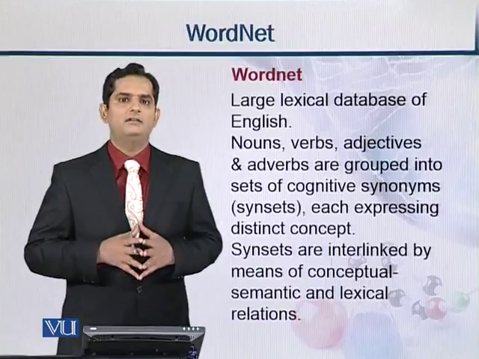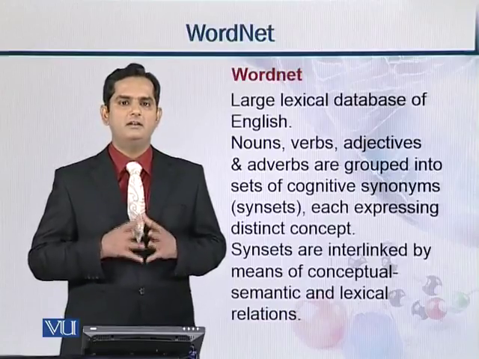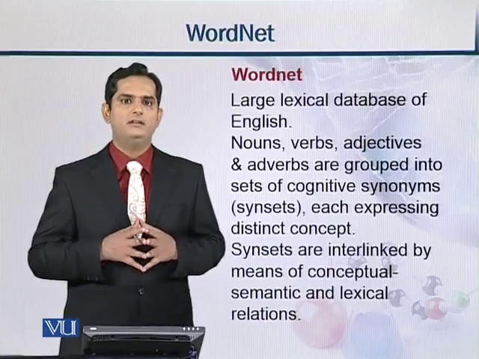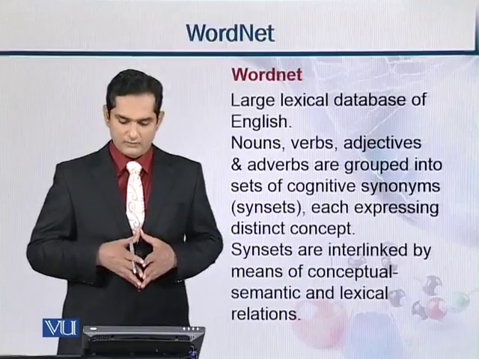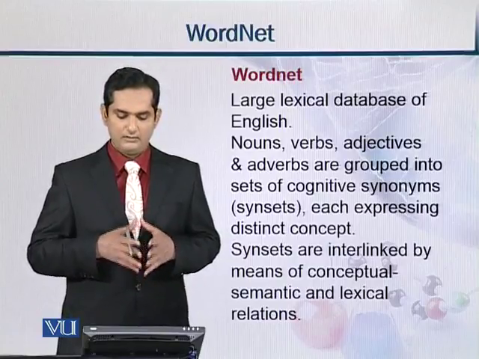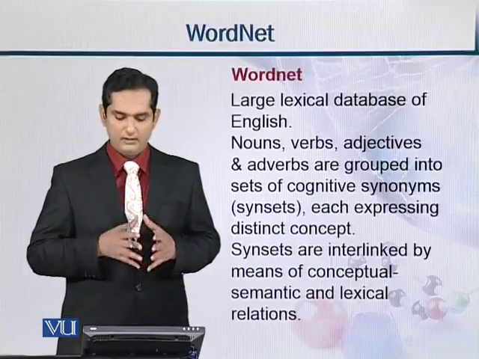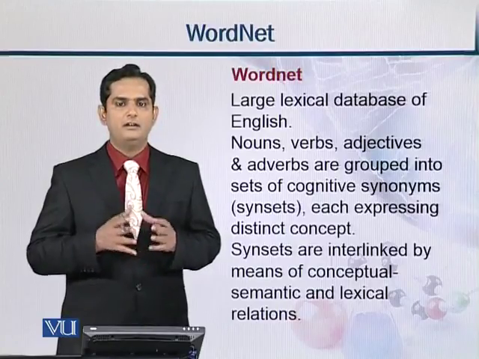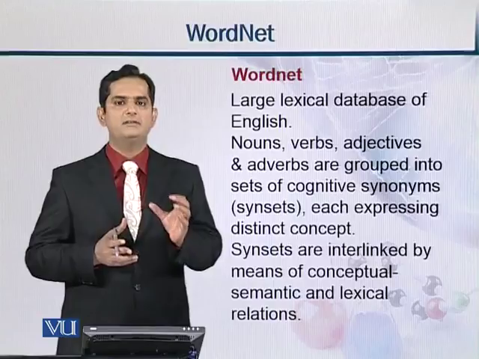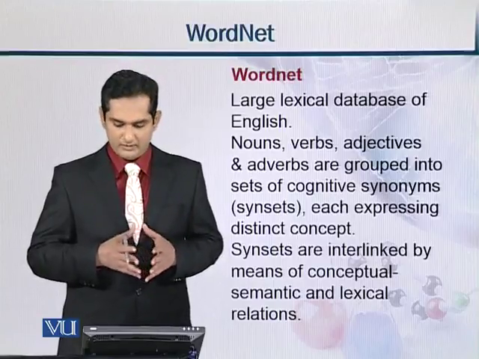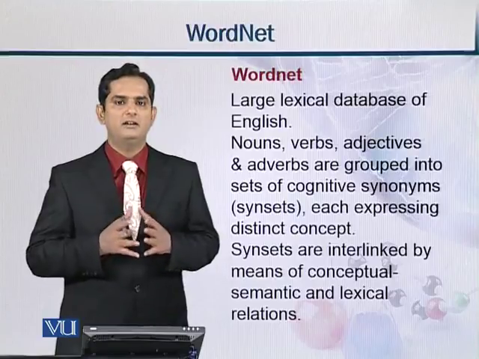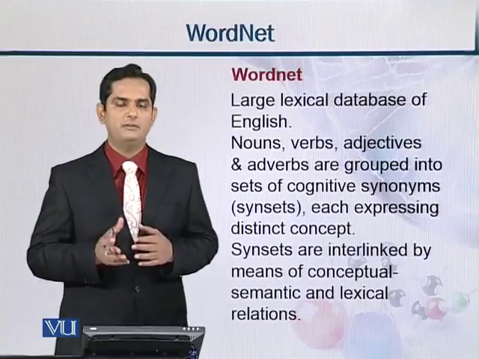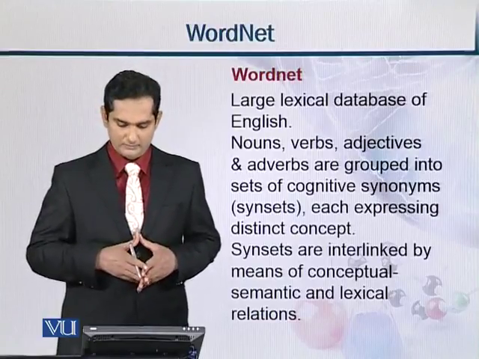So what is Wordnet then? Wordnet is basically a combination of all these four things with their relationships. Definition wise, all these four things are combined together in the form of a common thing which is synsets. A synset is basically a combination of these four things, and these synsets present distinct concepts which are present in a natural language.